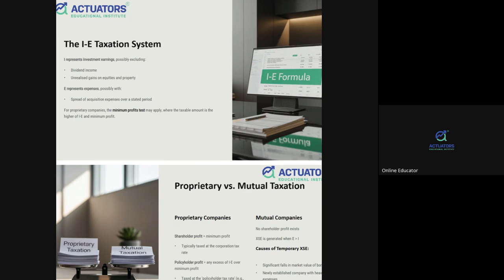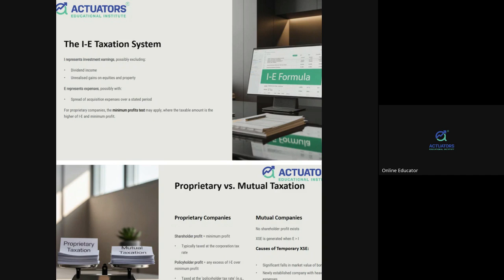So far, so good, guys? Any questions there? So what we did then was we tried to break this I minus E down into two parts: shareholder profit and policyholder profit.